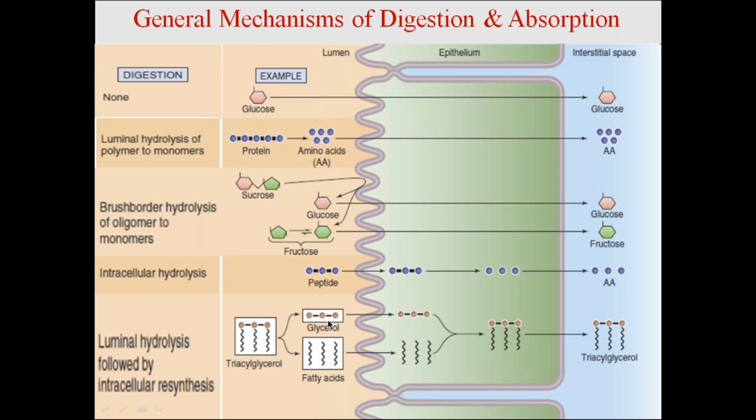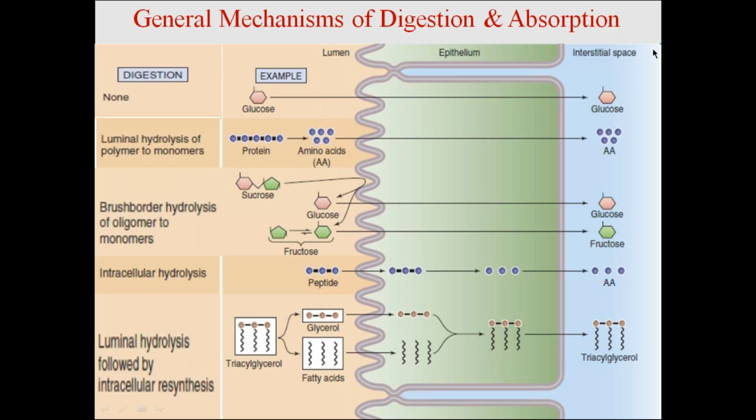They're broken down into their monomers, that is glycerol and fatty acid, absorbed or taken up by the enterocyte. Within the enterocyte, they are re-esterified or resynthesized, and after resynthesis, they are absorbed into the blood circulation, right? So these are the various mechanisms by means of which the digestion and absorption of nutrients can occur.